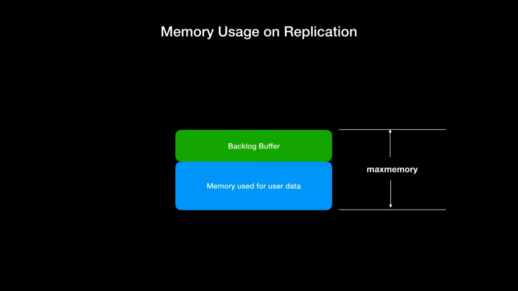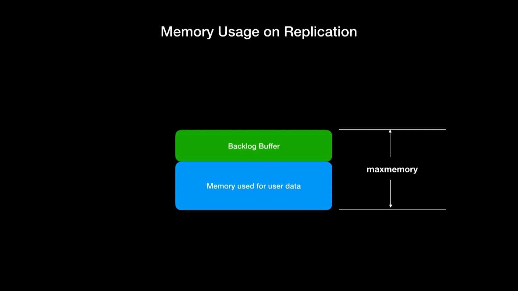What I want to explain here is that the max memory actually is divided between the replica backlog buffer and the memory used. Okay, let me show that with an example. Let's say I set the max memory to 10 meg, and I set the backlog buffer to 5 meg. So what that does is the user space available is now only 5 meg. Again, key thing to remember.